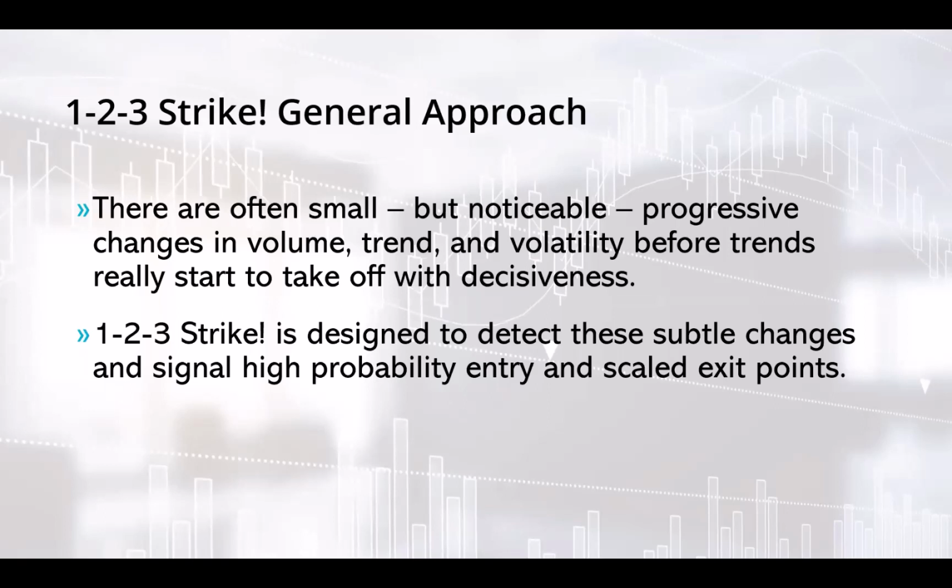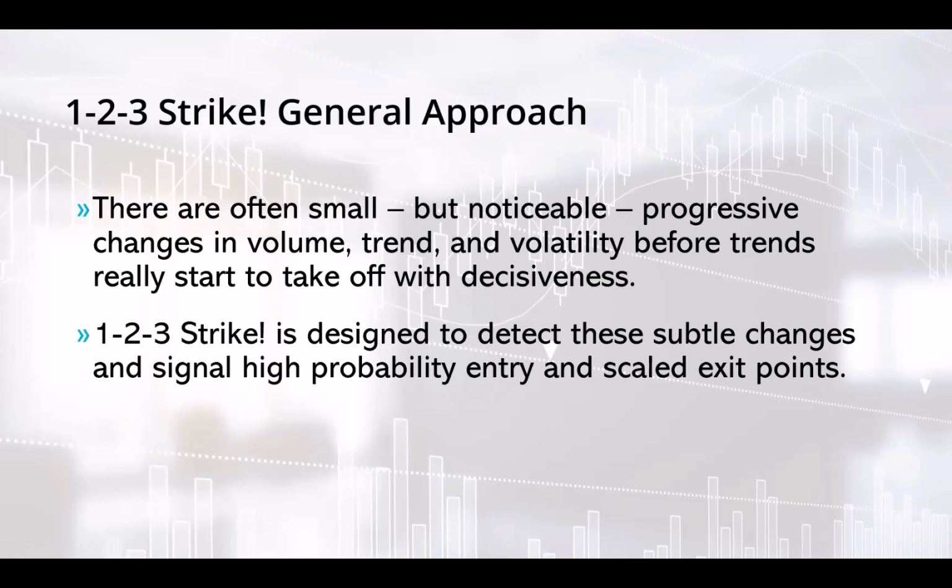Well, we have observed that there are often small yet noticeable changes in volume, directionality, and volatility before a trend really kicks off or really takes off. Now, this indicator is designed to detect these small changes which can really kick off a trend with high precision.